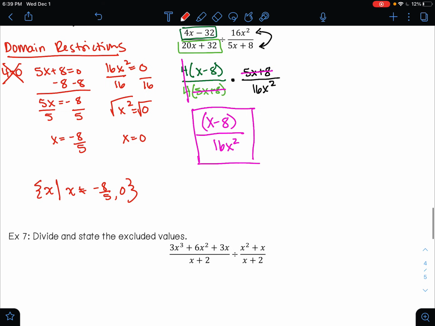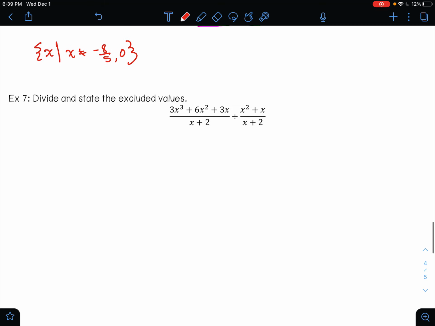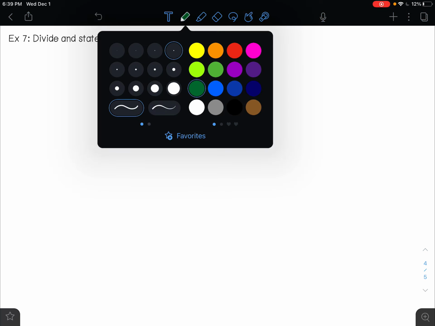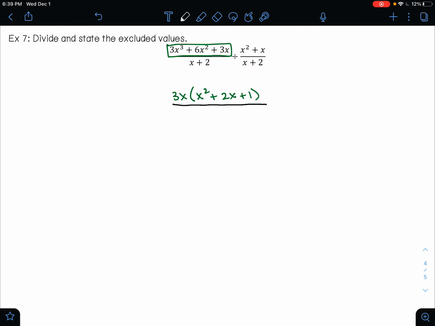On example 7, it says divide and state the excluded values. When I look at my numerator of my first fraction, I see that there is a GCF of 3x. So when I factor that out, inside parentheses, I'll have x squared plus 2x plus 1, divided by x plus 2 in my denominator, which is already simplified.